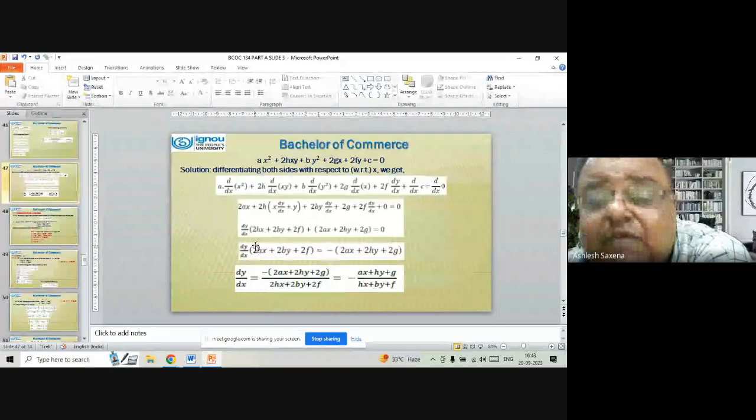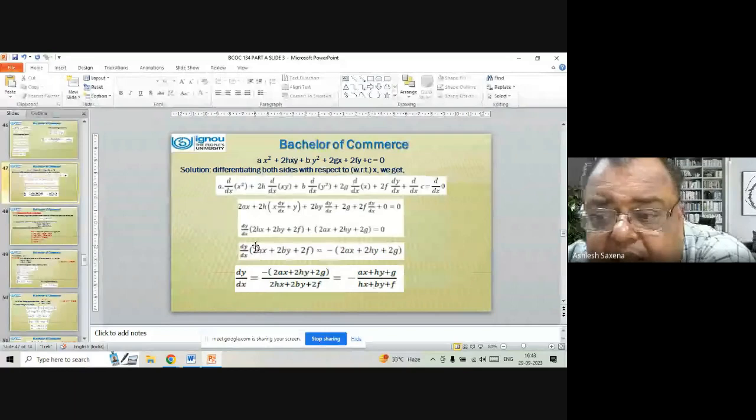Now, there is another method of calculating terms where powers are too big or the power is a function.